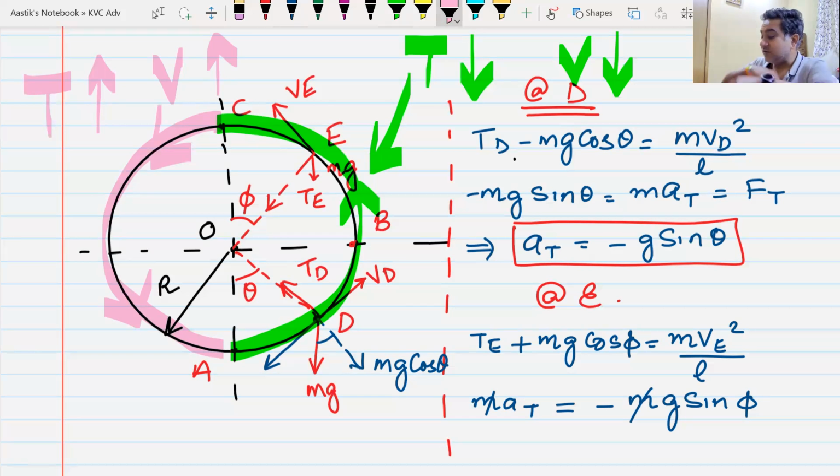Do we understand this? At point C, tension and speed or velocity is minimum. Do we understand this? Yes, sir.